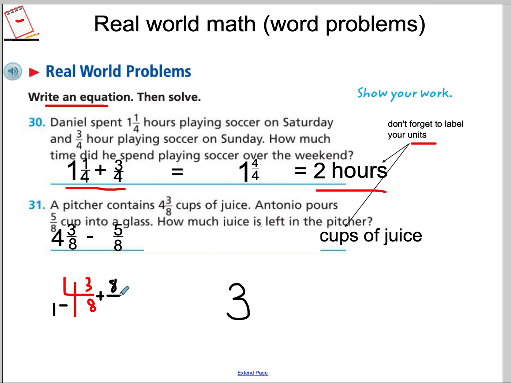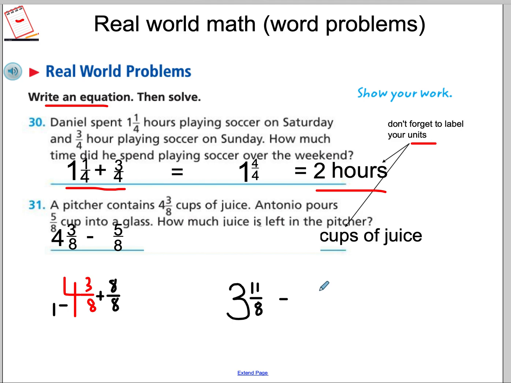And why do we use 8/8 and not 7/7 or 3/3 or 2/2? Because that's the fraction that we're using. That's the denominator that we're using. Okay? So now if I add the 3/8 plus the ungrouped 8/8, I get 11/8. 3 and 11/8.